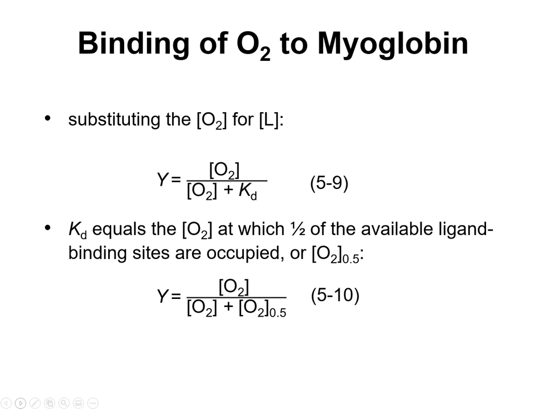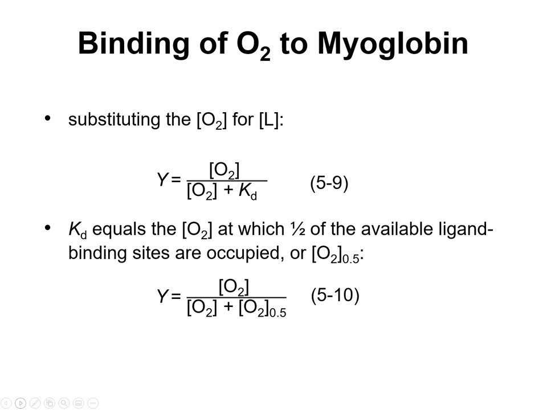If you substitute in oxygen for ligand, then you get this equation here with oxygen over the sum of oxygen plus your Kd, the capital K, lowercase d. Same rules apply. So you can apply all the equation math that we did to this specific example for myoglobin.